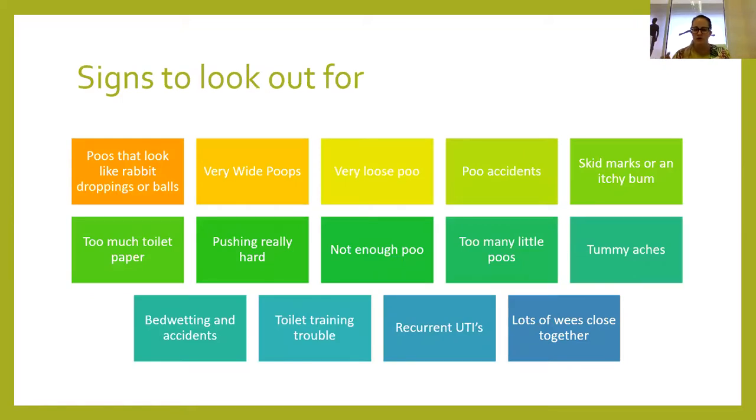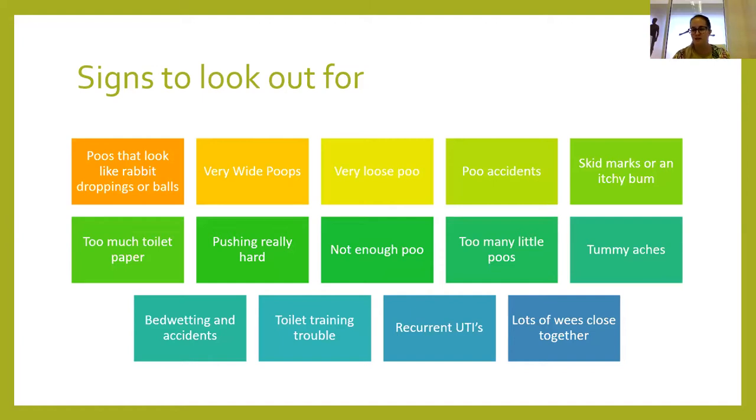So for everyone on this, these are some signs to look out for that could indicate that your child or a child in your class could have constipation, or even a child that you know. So poos that look like rabbit droppings or balls, very wide poos, you know, that fill the whole nappy, fill the whole toilet, can cause blockage. Very loose poo, because obviously that's poo sliding through.